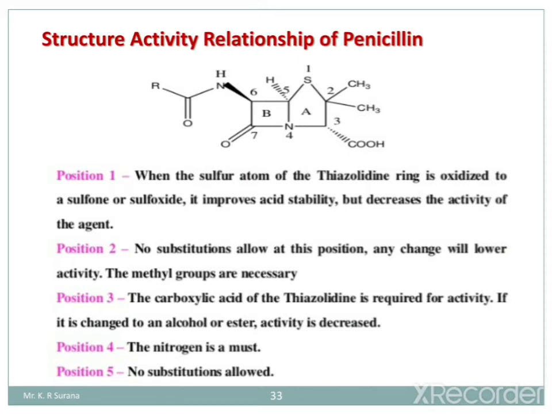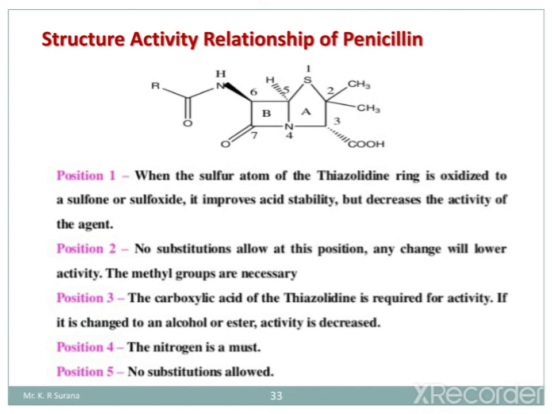First is the CAS system for nomenclature. According to the CAS system, sulfur has first priority, so the numbering is given accordingly. As per this numbering we have to see the SAR. At position 1, the first position, there is a sulfur atom.